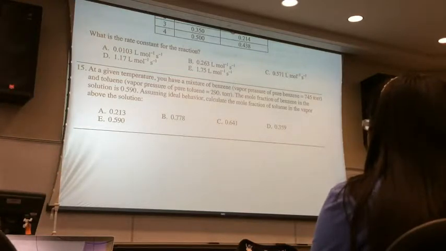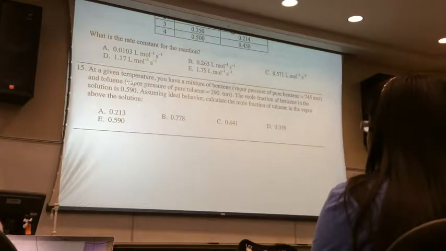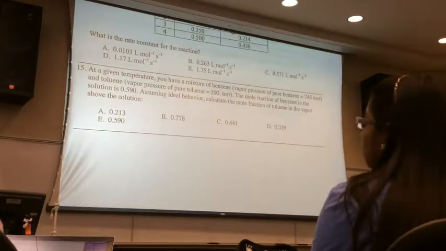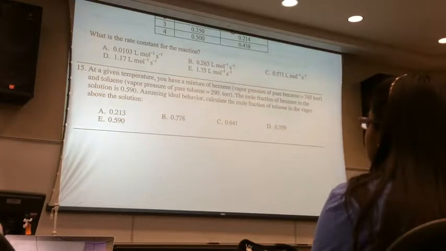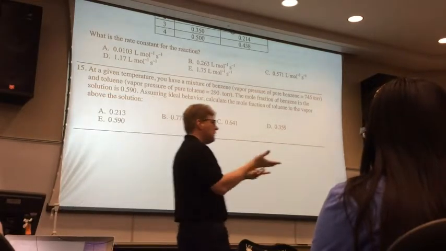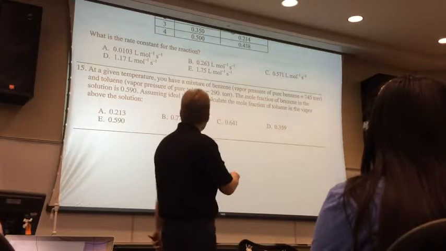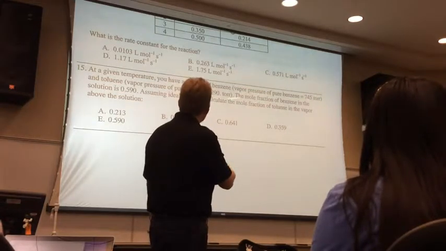So we're being given information about the solution, and we're being asked to calculate a mole fraction in the vapor phase. The first thing to realize, if you have two species, benzene and toluene, and you mix them together: which of those is more volatile, by the way, based on these two numbers?